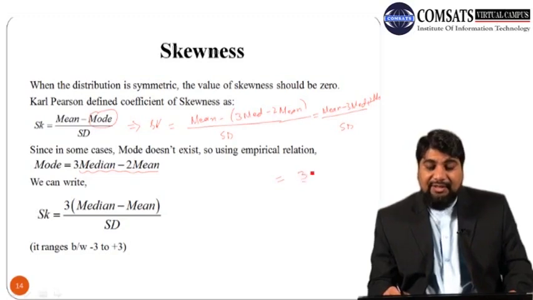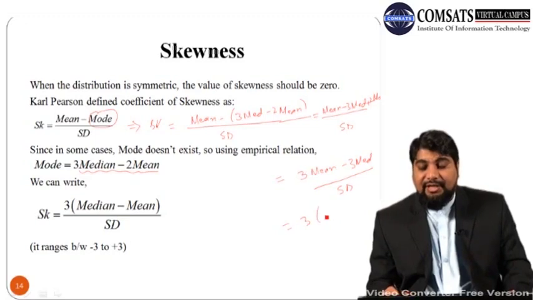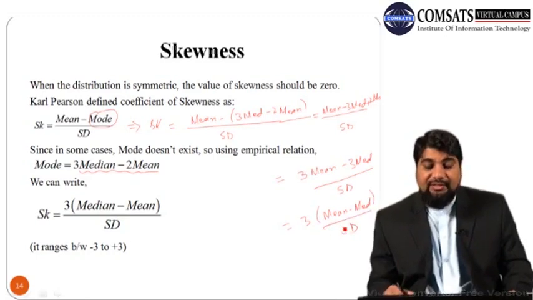So we get 3 times mean minus 3 times median whole over SD, or taking 3 common, we get 3 times mean minus median whole divided by SD.